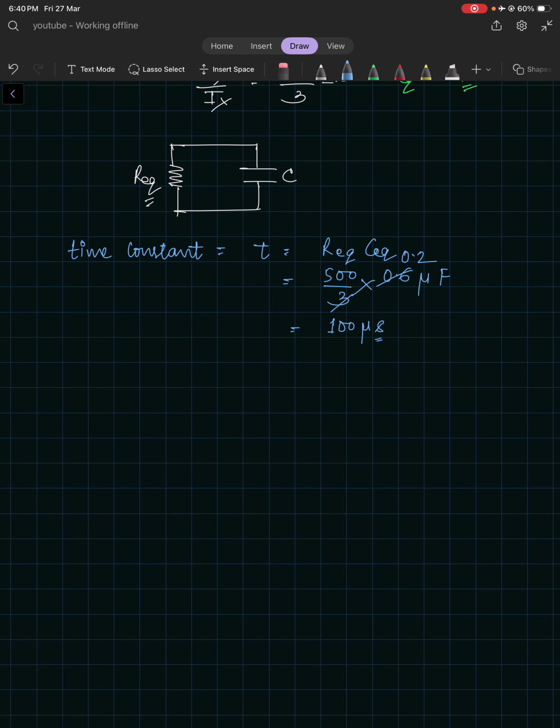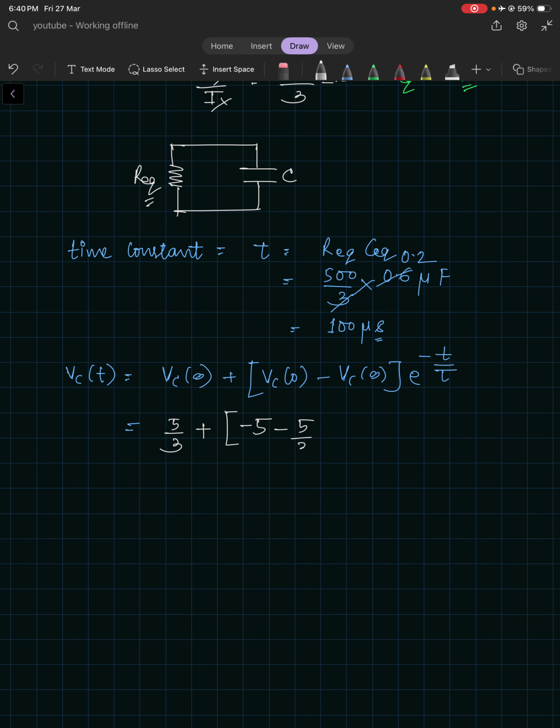So our final equation would be Vc of t equals Vc of infinity plus Vc 0 minus Vc infinity, times e power minus t by tau. What was Vc infinity, the steady state? It was 5 by 3 volts, plus Vc 0, which was already given as minus 5, minus 5 by 3, e power minus t by tau.